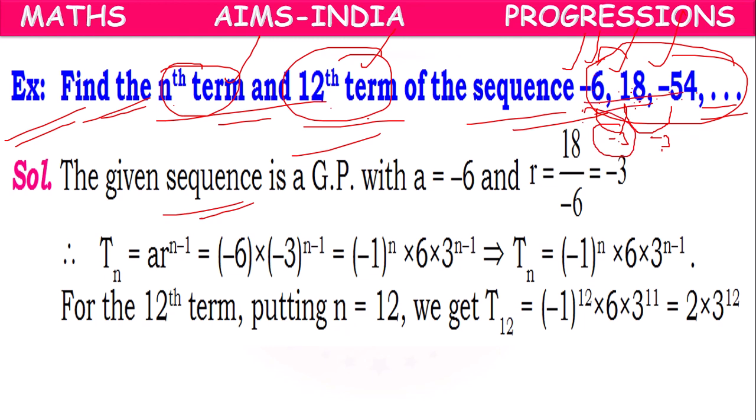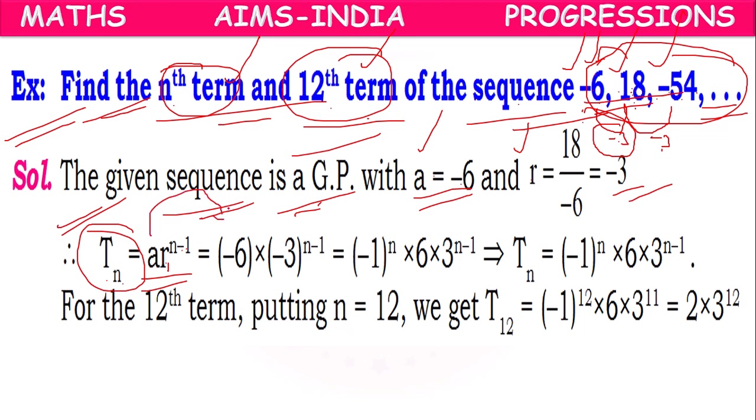So the given sequence is an example of GP with first term a equal to minus 6 and common ratio minus 3. Then the formula for the nth term is Tn equal to a into r power n minus 1. In the place of a, we can keep minus 6, and in the place of r, we can keep minus 3, to the power n minus 1.